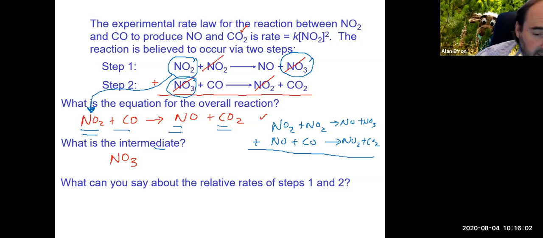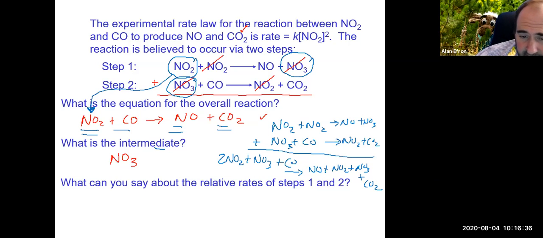You could just keep everything on the left, everything on the right. If you keep everything on the left over here, you can just write everything. So you would have 2 NO2 plus NO3 plus CO goes to NO plus NO2 plus NO3 plus CO2.